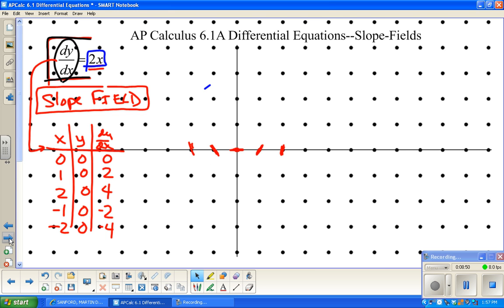All right, there we go. So for this one right here, 2 times -2 is -4. For this point, again, it's still a -2 x value, so it's still -4. Notice if all of these have the same x value, they're all going to have the same slope in this case because this differential equation is only about x.